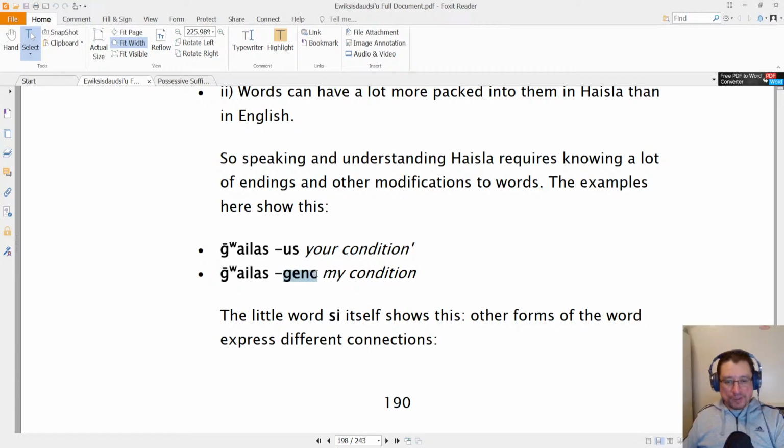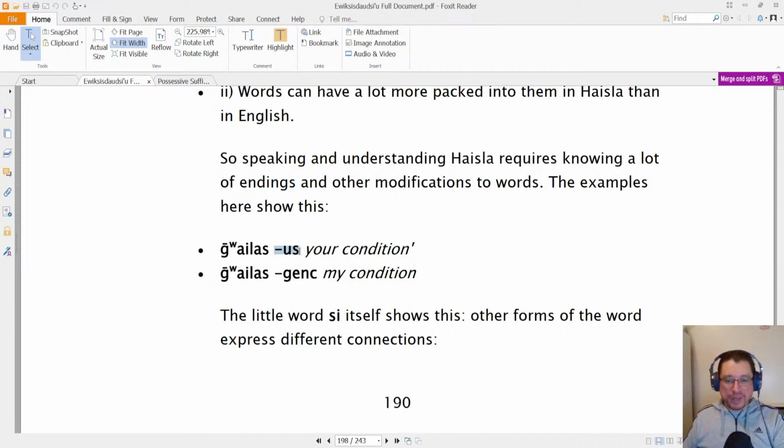But that gins is a suffix that not only means it's mine, but it's close to me. This us means it's yours, and it's close to you at the time that I'm talking to you. So us means yours and it's close to you. Gins means mine and it's close to me. So that's what he's talking about there.